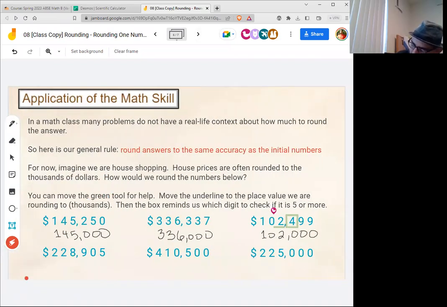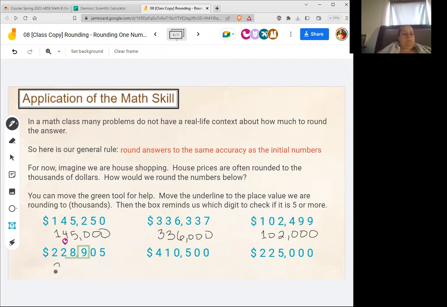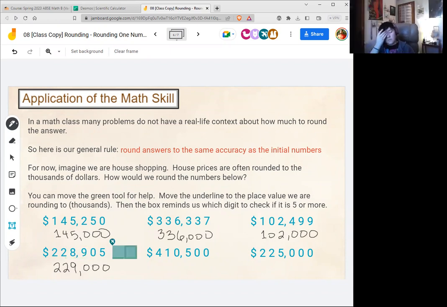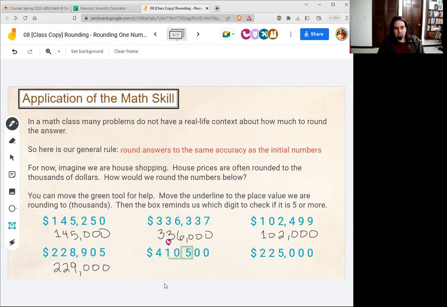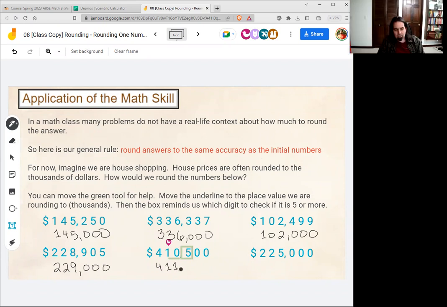Okay, next row. Are we going to do 228 or 229? 229. Yep, 9 is definitely 5 or more. It's a bigger one, so we're going to move the thing we're rounding up. $410 or 411? 411.